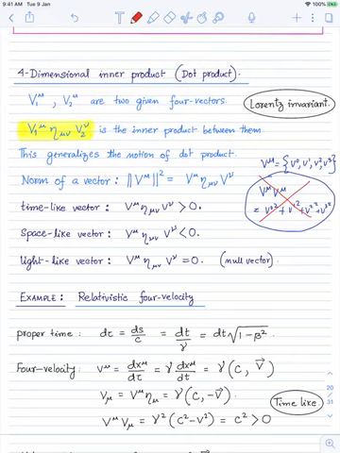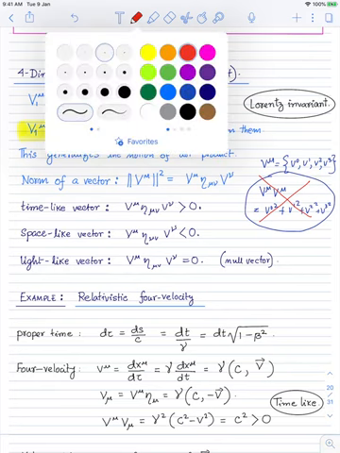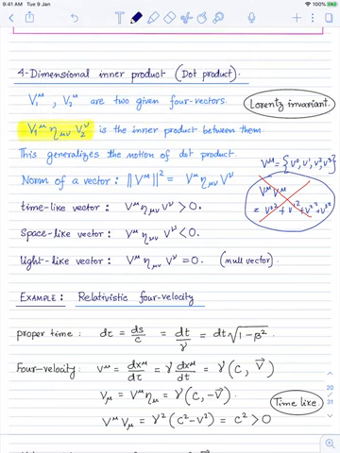What you have to do instead is consider the quantity v^mu eta_{mu nu} v^nu. Contraction. And this, if you evaluate, you will find is equal to v0 square minus v1 square minus v2 square minus v3 square.